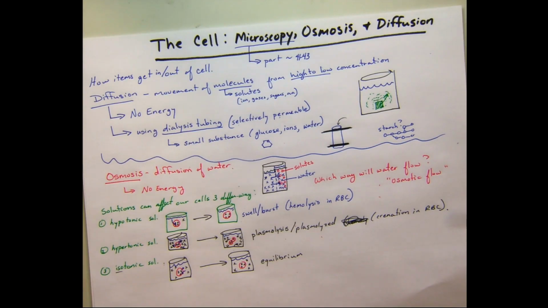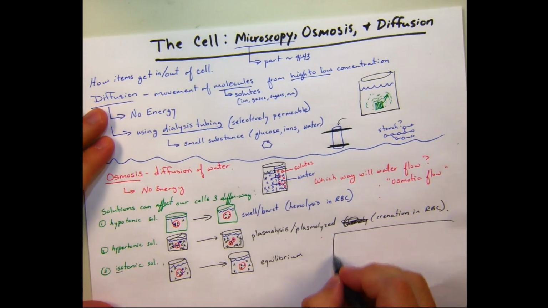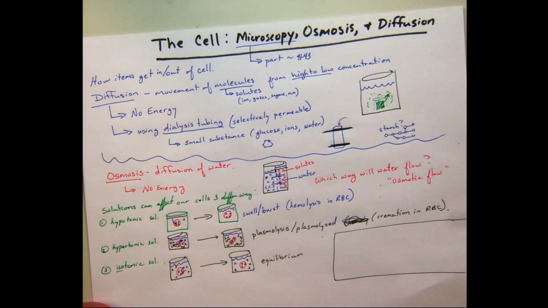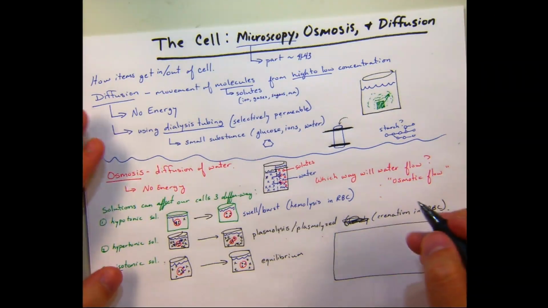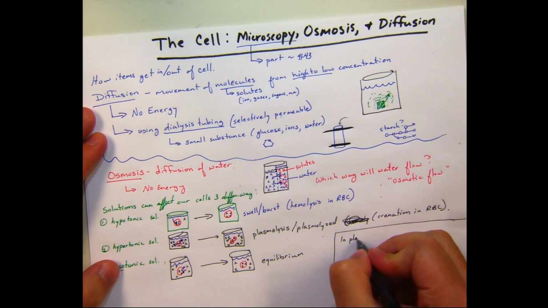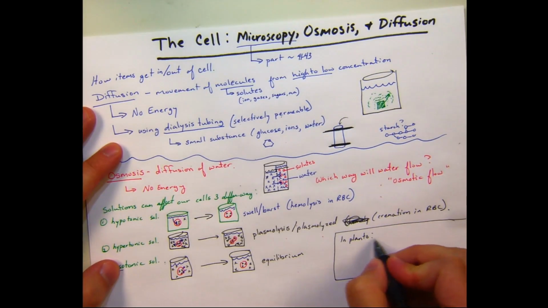And this is something that you're going to work with today. You are going to work with, I believe, some onion skin. So in plants, when you're looking at the microscope, you're going to see a lot of little squares.